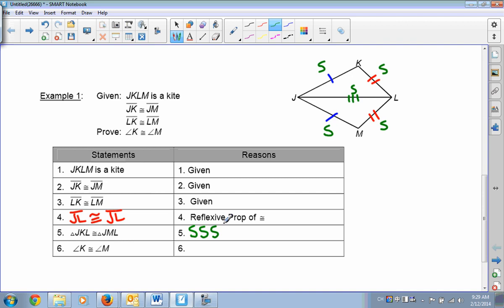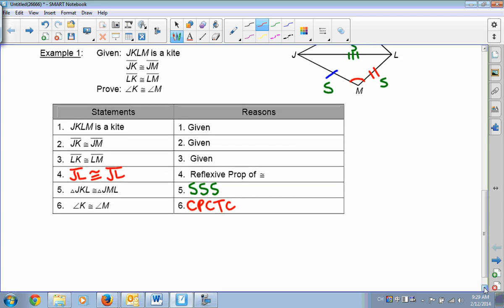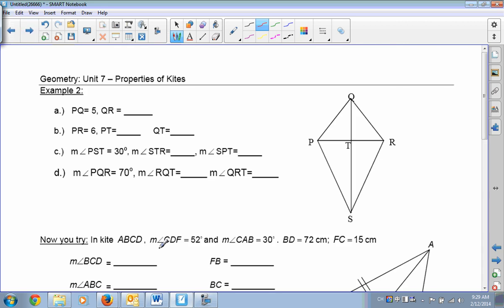Now, since we know the triangles are congruent, why can we say that angle K is congruent to angle M? Yeah, since we have congruent triangles, all the parts are congruent. CPCTC. So that was a pretty easy little proof. Any questions? All right, let's keep going.